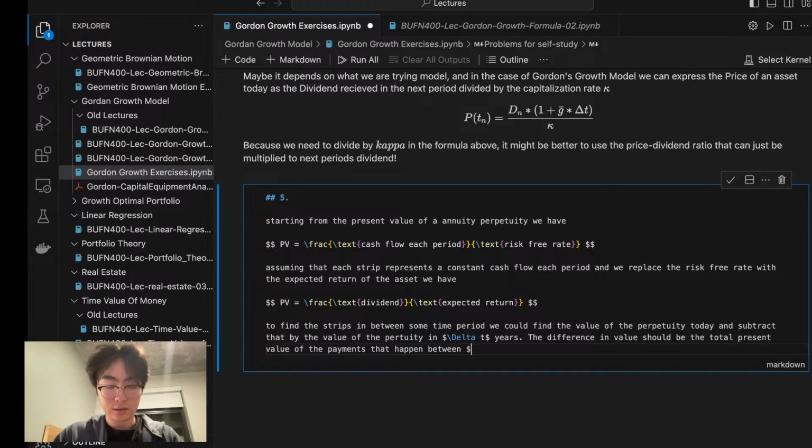Call it the T time interval, T0 plus delta T.